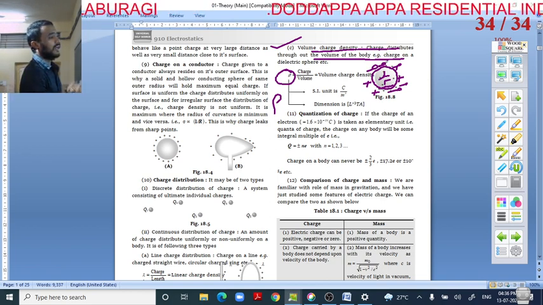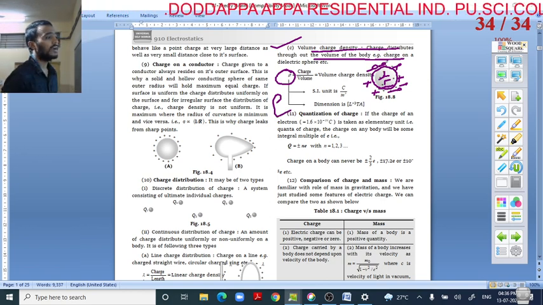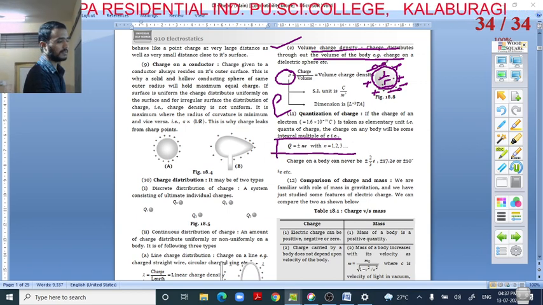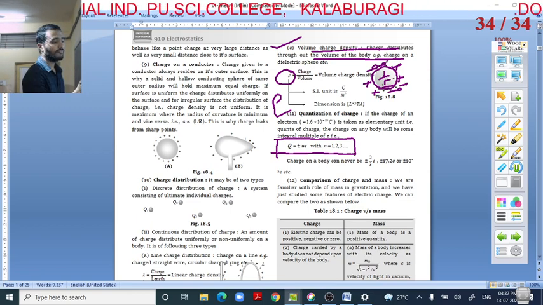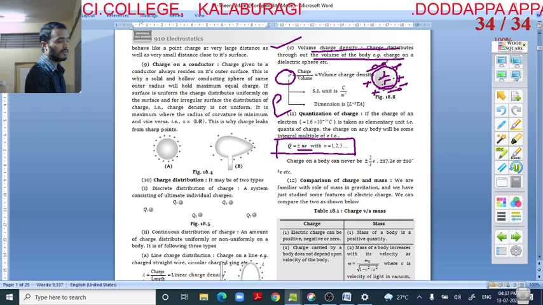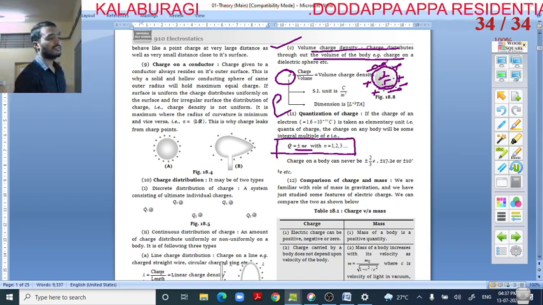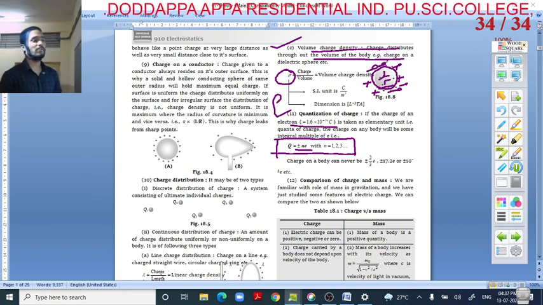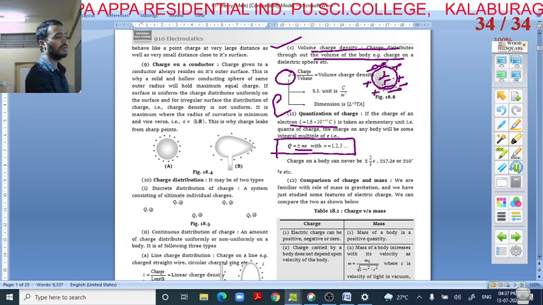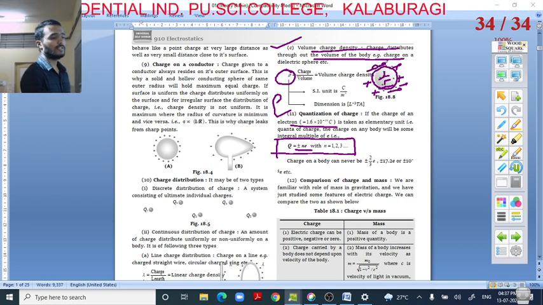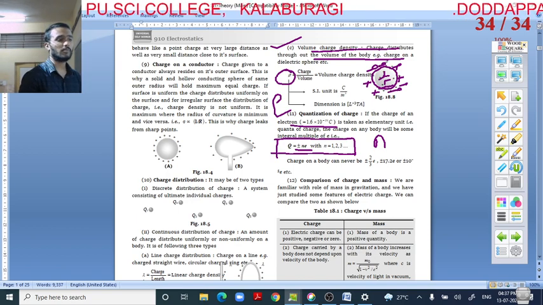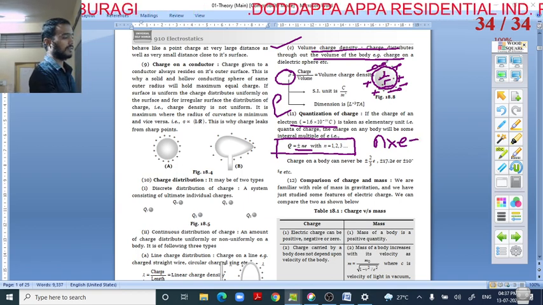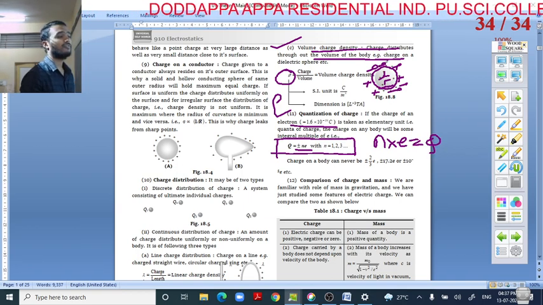At the same time, concentrate here on quantization of charge. Quantization of charge is an integral multiple of charge. If 1.6 into 10 to the power minus 19 is the charge of an electron, then the number of electrons present in a body, denoted by n, multiplied by the charge of an electron, is called quantization of charge.